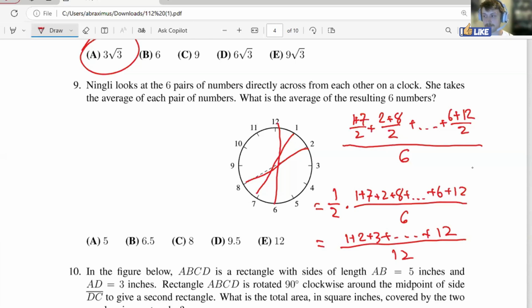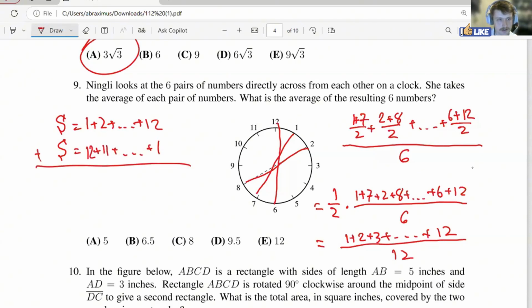Okay, so if you've had my class before, at this point you might be saying, "Oh, I know how to add up a list of consecutive numbers." Gauss taught us how to. It's really easy. We say that our sum is s, and we do 1 plus 2 plus all the way down to 12, and then s is 12 plus 11 plus all the way down to 1.